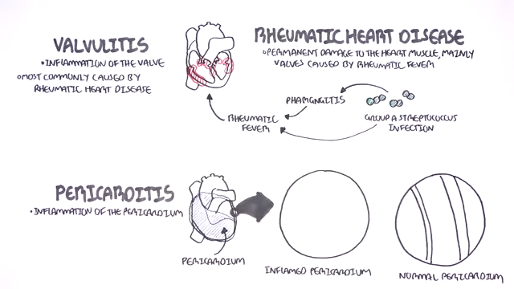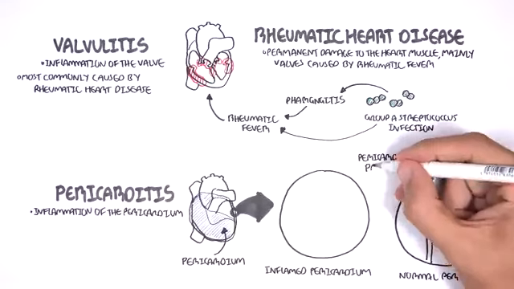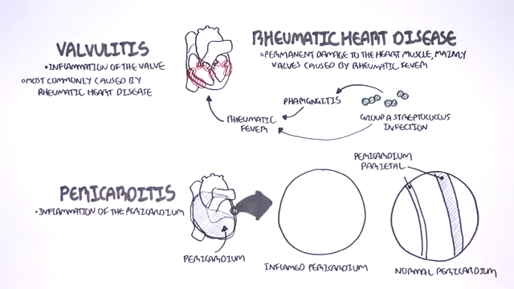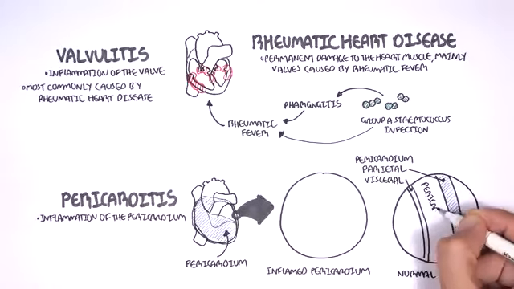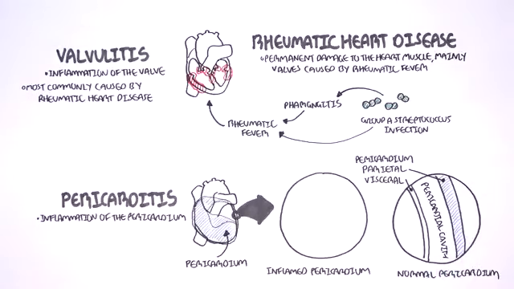You have the outer fibrous pericardium, the parietal layer, and then we have the visceral pericardium, which directly surrounds the heart. In between the parietal and visceral layer of the pericardium is the pericardial cavity, which contains pericardial fluid that serves to reduce friction between the pericardium.